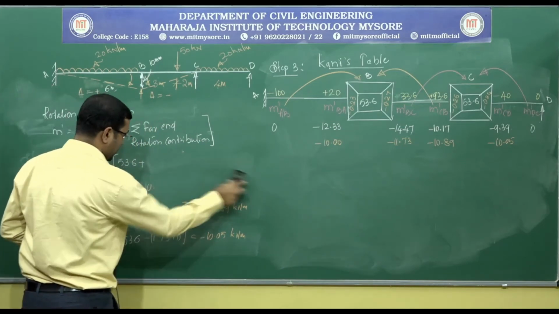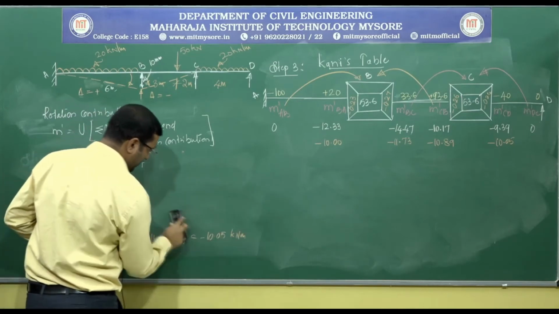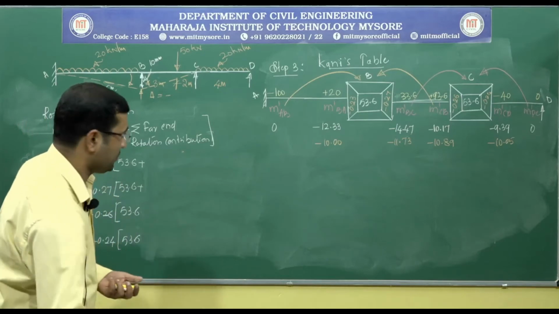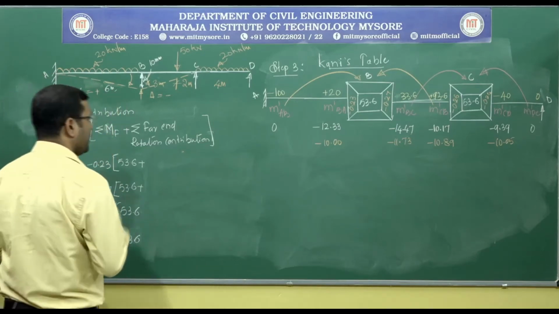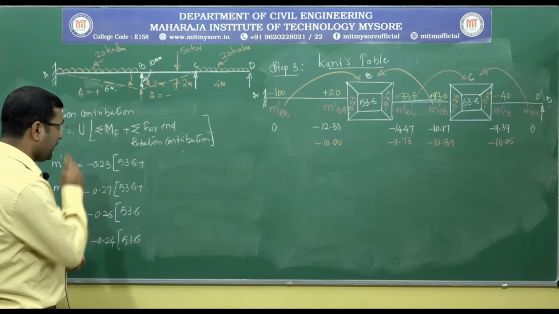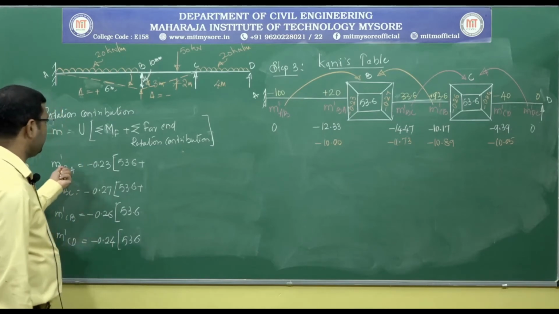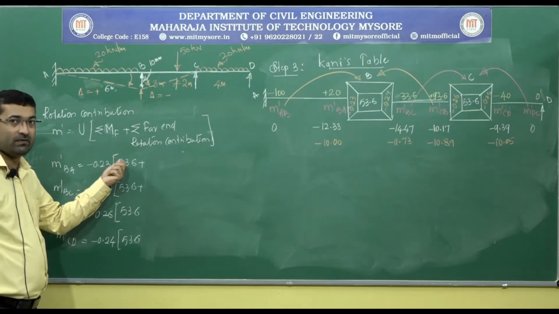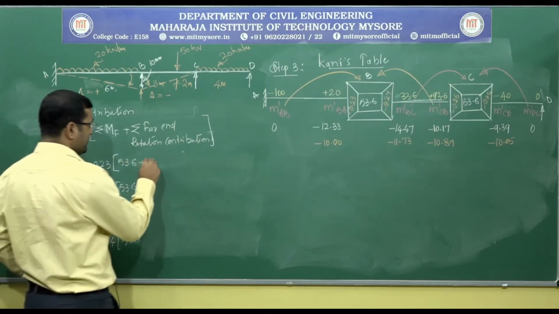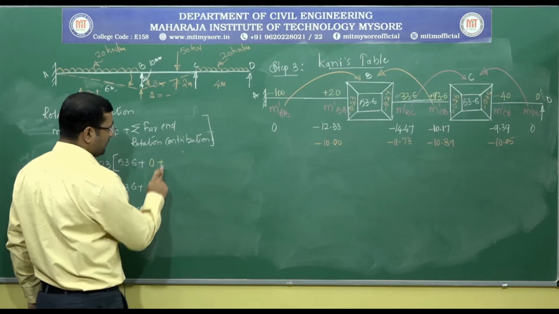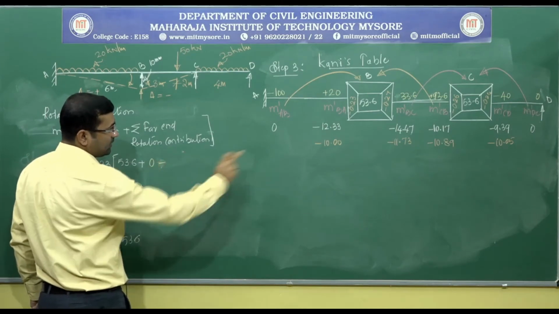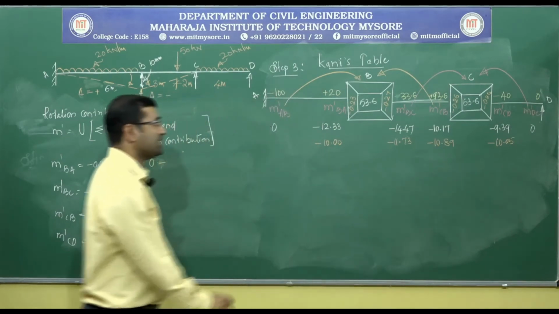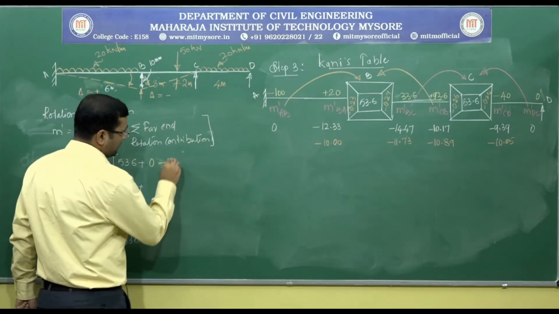In the cycle 3 also again everything will remain same, only these far end rotation contributions they will change. Here you can see for m dash BA it is rotation factor minus 0.23 into algebraic sum of fixed end moments plus 0 minus it is this value, that is m dash CB, it is minus 10.89.